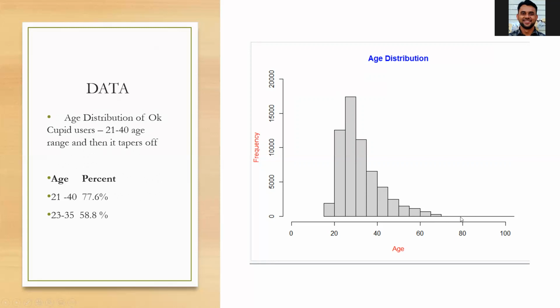There are not a lot of users in the age 80 range. And as you can see, there are some before 20, like 15 to 20. We have a few users in that age range, right?